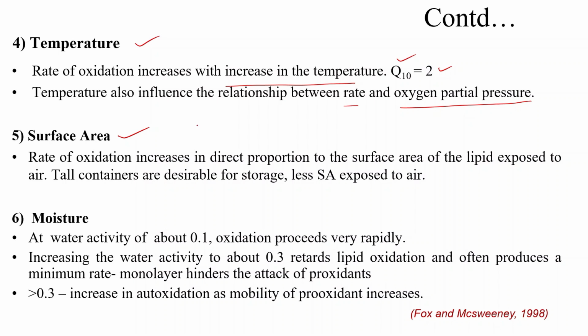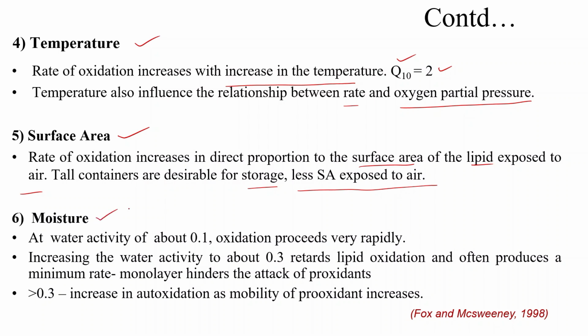But with broad containers, the surface area of the sample exposed to the air will be higher, and this will result in more auto-oxidation. So the rate of oxidation increases in direct proportion to the surface area of the lipid exposed to the air, and tall containers are desirable for storage, as less surface area of the oil is exposed to air, so there will be less oxidation.